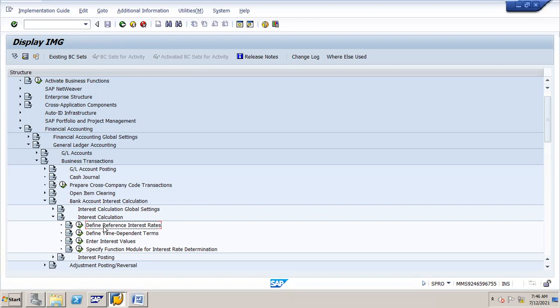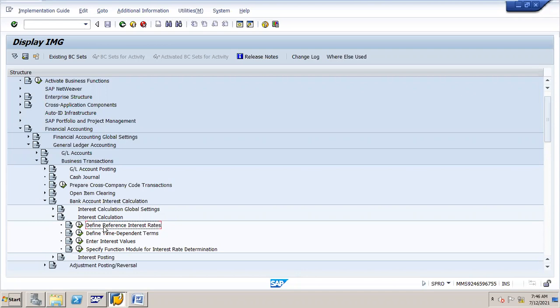So I have to enter 8% or 12%. Before you enter the rate of interest, whatever it is, first I should create the indicators. With reference to those indicators, I can maintain the bank rates of interest.